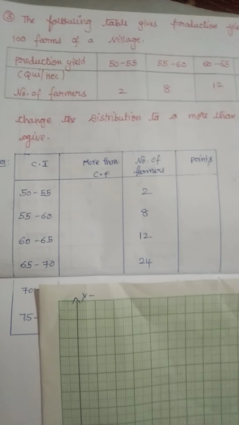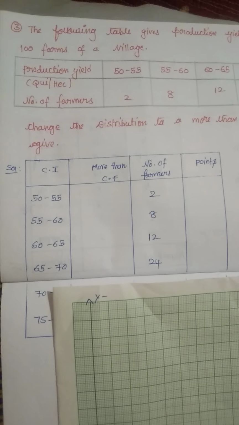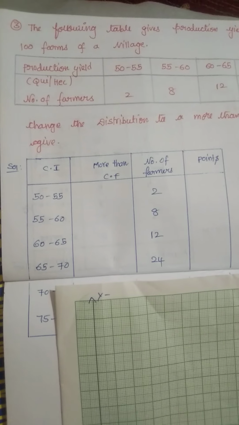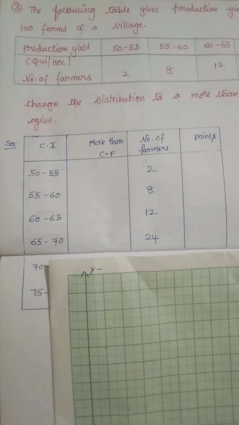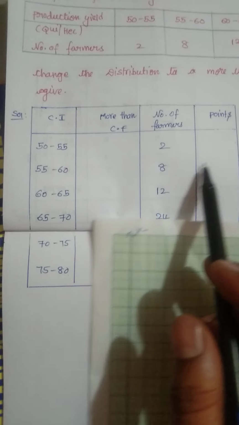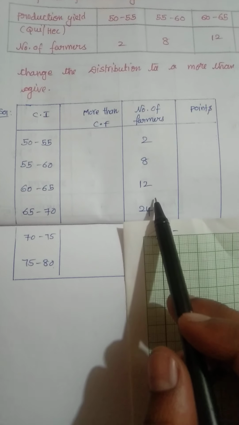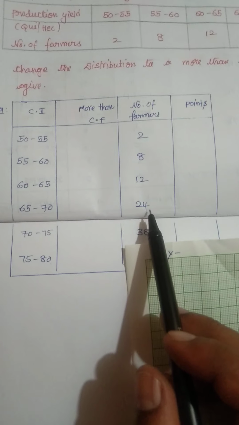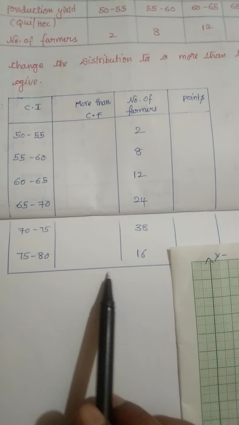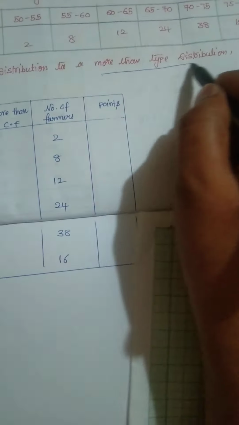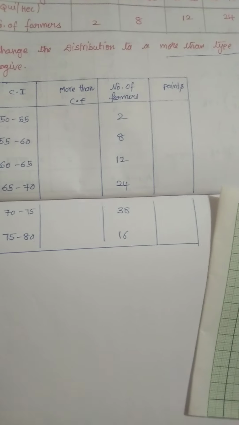So the production yield, that is in quintals per hectare, 50 to 55, number of farmers were 2, 55 to 60, 8, 60 to 65, 12, 65 to 70, 24, 70 to 75, 38, 75 to 80, 16. Change the distribution to a more than type distribution.